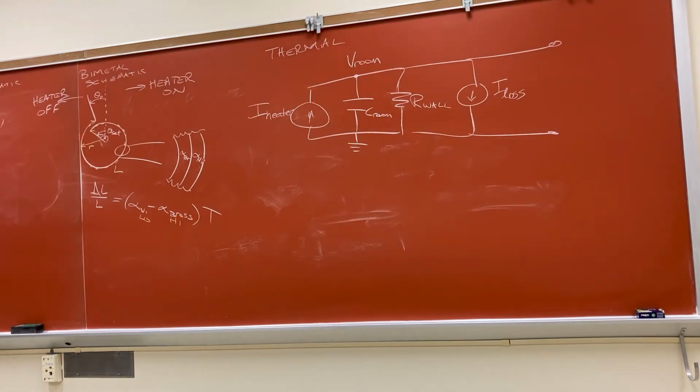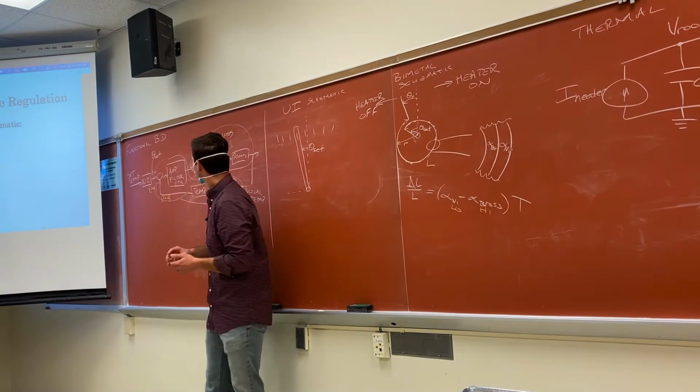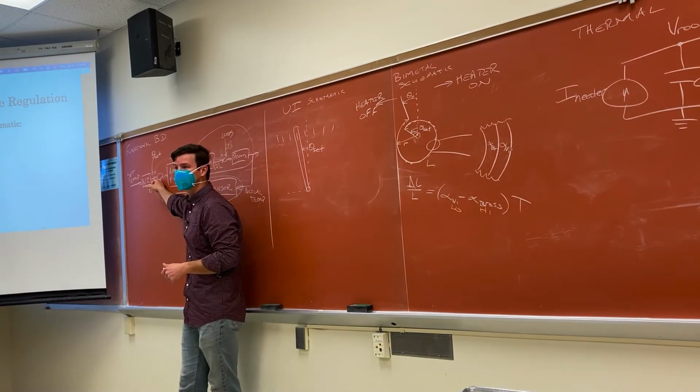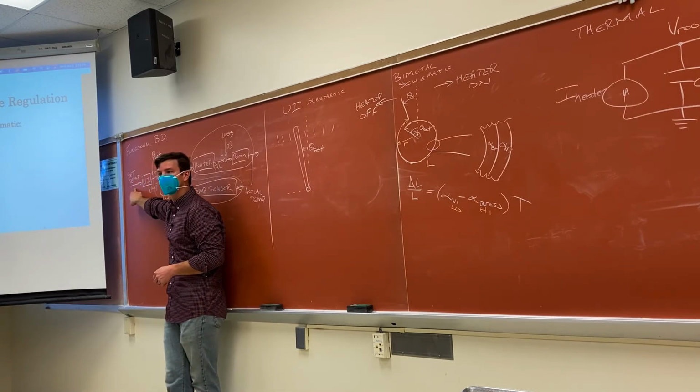Is theta set the one that moved, or is theta O? They both move. That's the point. That's this summing junction. We can change theta set by moving the lever.